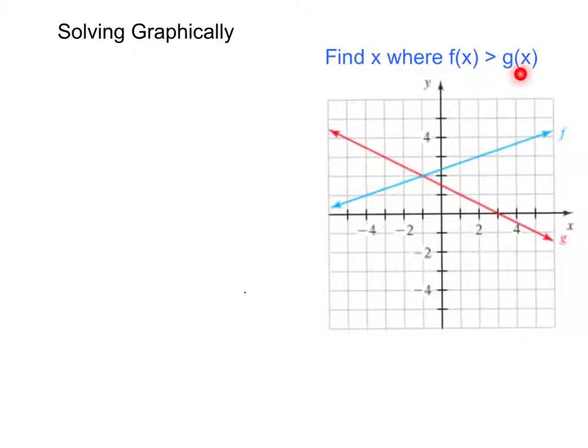So you're looking on the graph where f is higher vertically than g. And that happens throughout this region here, where f is higher vertically than g. So we want to find the x values for which that happens.